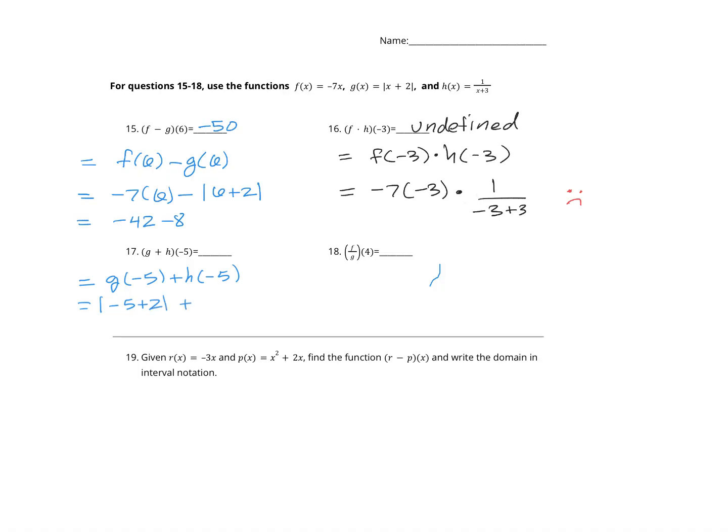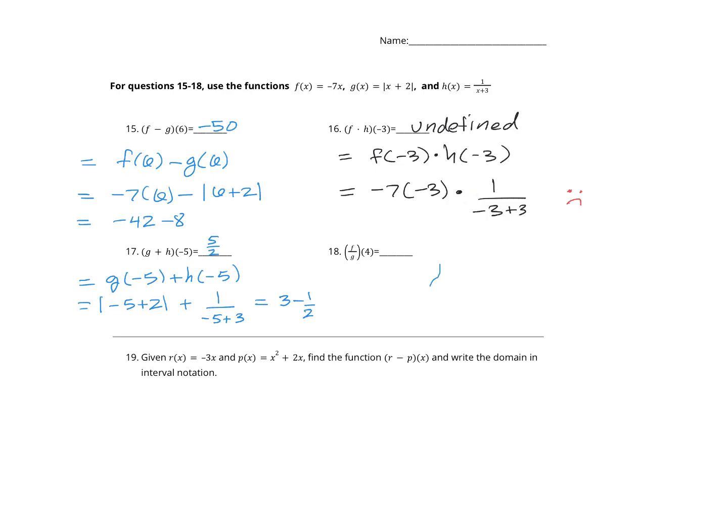And then h of negative 5 is 1 over negative 5 plus 3. The absolute value of negative 5 plus 2 is just the absolute value of negative 3. So that's a 3. And then we're going to have 1 over negative 5 plus 3. That's negative 1/2. So that's 6 halves minus 1/2 makes 5 halves. So that's the value of that function.